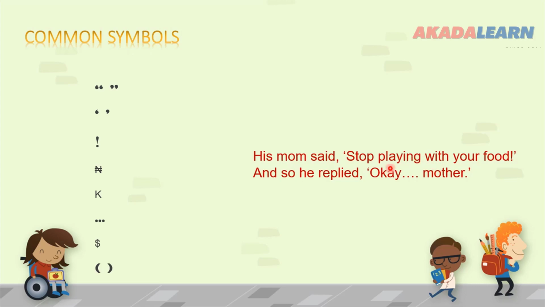Alright, so whenever you see this in a story, it means there was a pause. Okay, and the more dots there are, it means the longer the pause. All right, so for example, this one is not a very long pause. If we had many more dots, then it would have become like okay... mother. All right, that's simple, right?